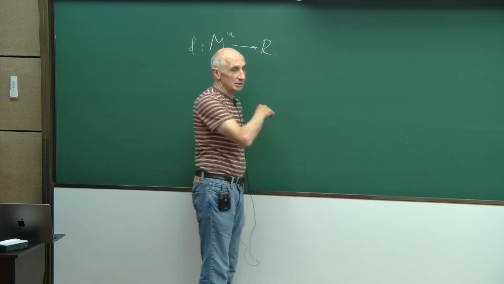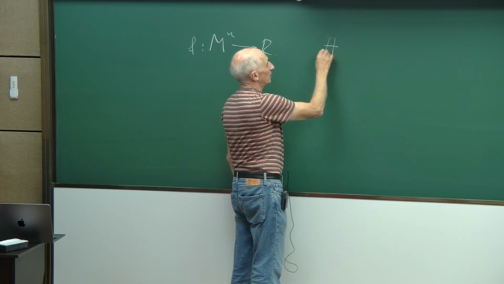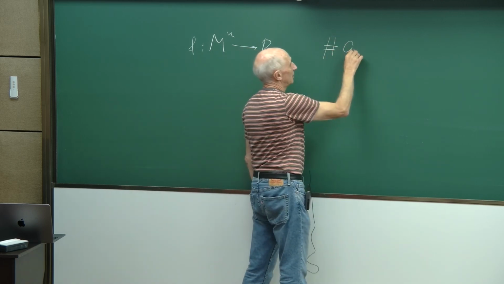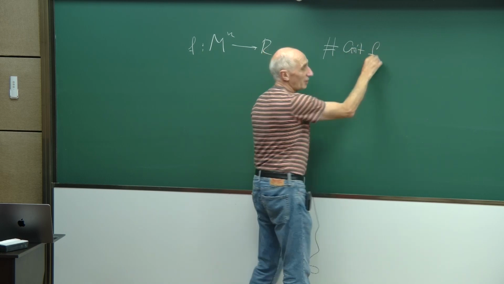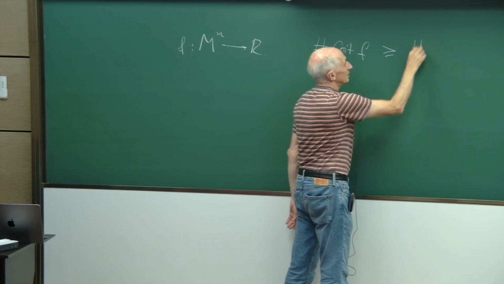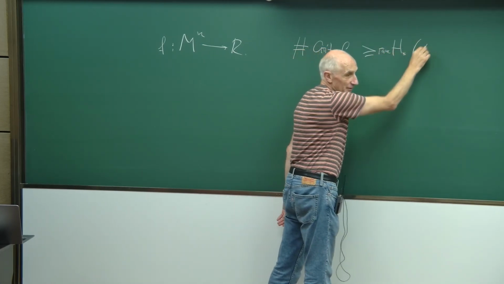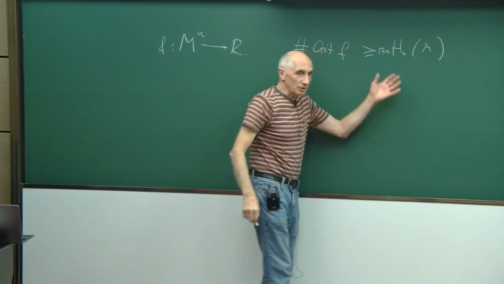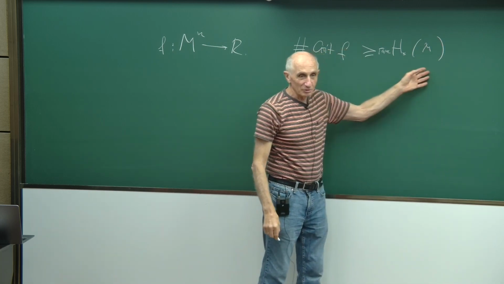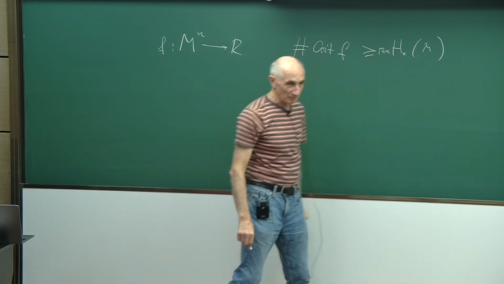What does the Morse inequality say? It says that the number of critical points of a function is greater than or equal to the rank of the homology of the manifold. There are nuances about what coefficients you take, but that's what it is.